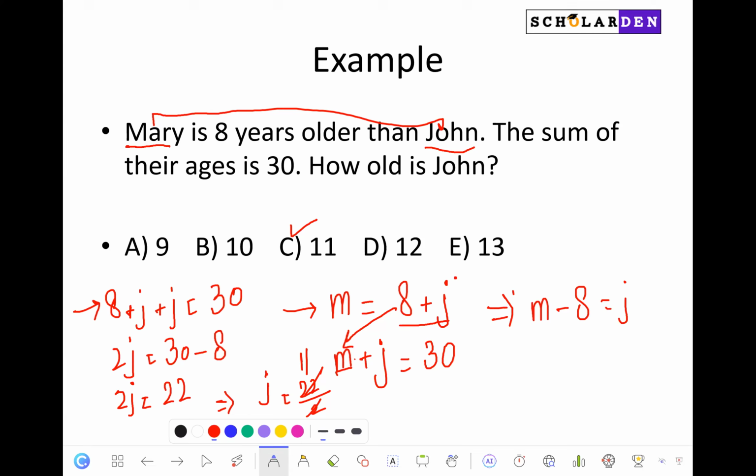So instead of writing an M over here, we just write 8 plus J instead of the M. Then we have 8 plus J plus J is equal to 30. Now there are two J's being added, so we can add the similar variables. If I had A plus A plus A, that would result in 3A.